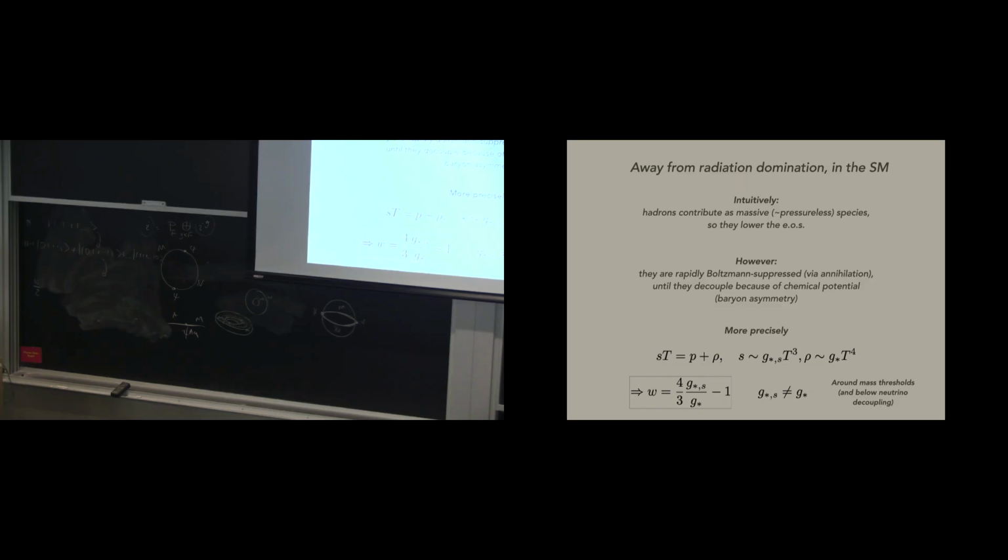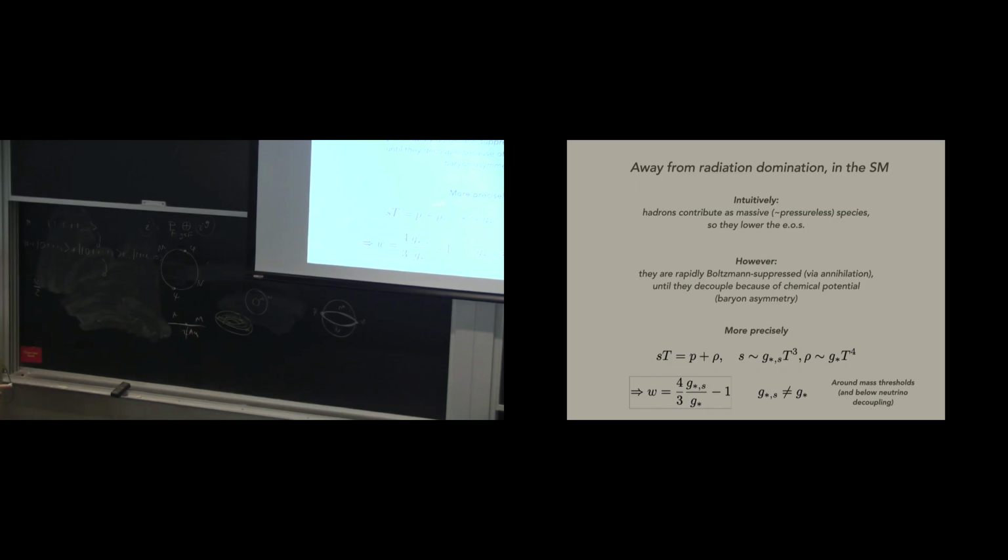Intuitively, and this is an intuitive explanation that is not totally correct, what happens is that you have many degrees of freedom that become non-relativistic, and since non-relativistic matter behaves as a pressureless species typically, you can think of the equation of state decreasing from 1/3 towards 0. In fact, this is precisely what happens.